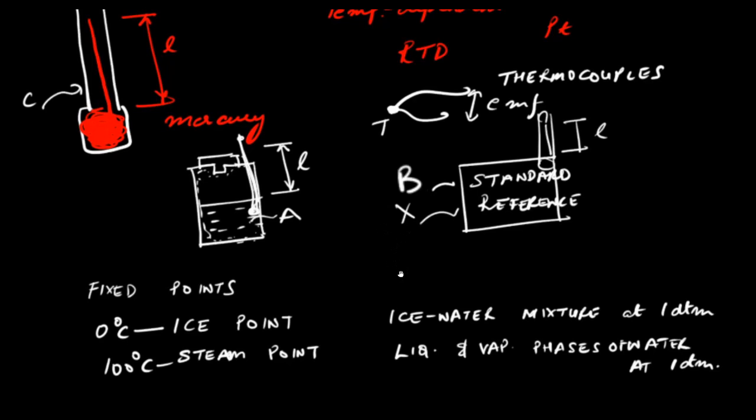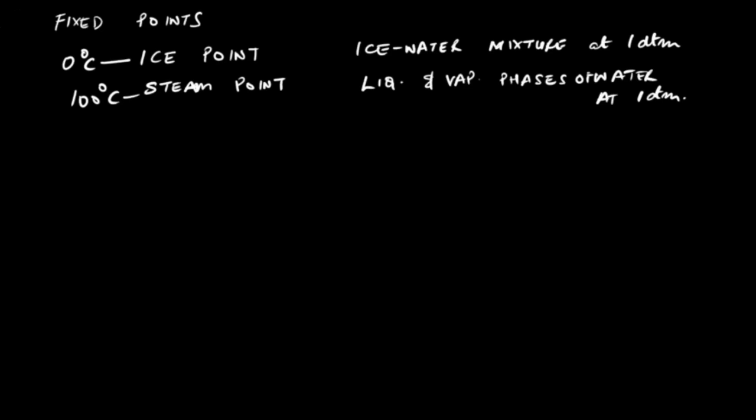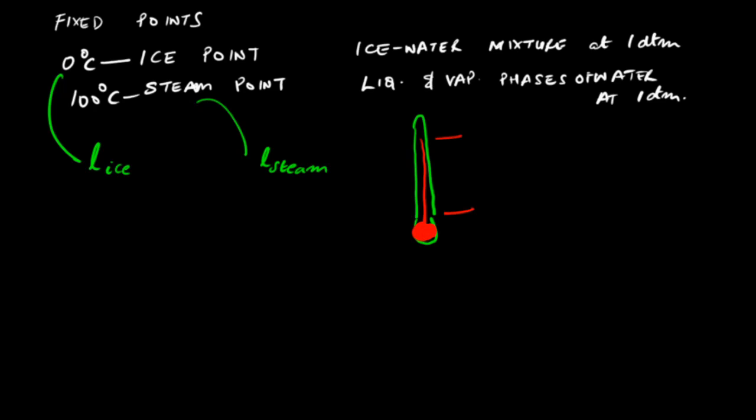So what one does is, let's say, if you're using a mercury in bulb thermometer, then for the ice point you get the length of the mercury column as L subscript ice, and for steam you get L subscript steam, and then for any length of the mercury column that you get by putting your thermometer in thermal contact with any other system, this will be the length that will be measured when thermal equilibrium is attained.